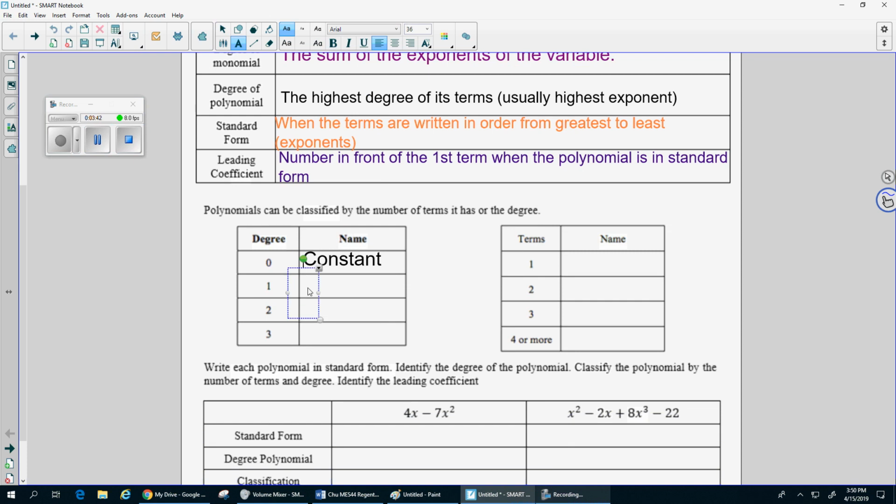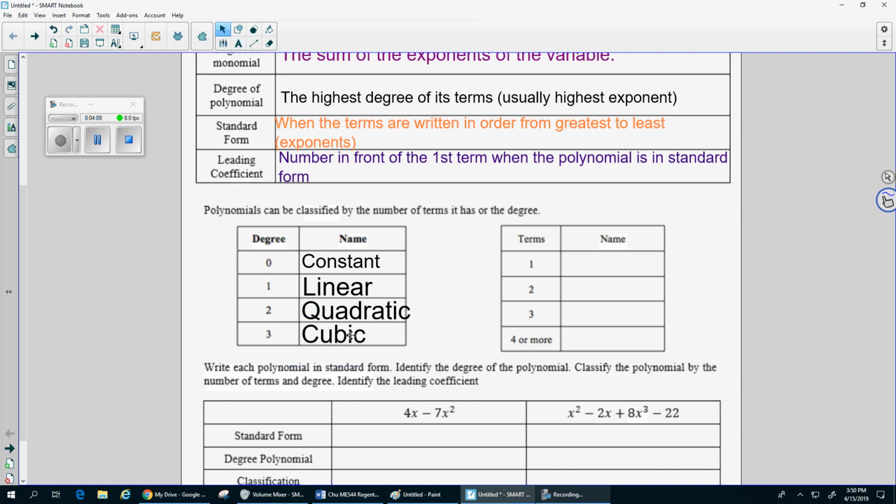If a polynomial has a degree of 1, that is a linear polynomial. Okay, linear, just like when we deal with lines, we have an exponent of 1, it's a linear polynomial. If it has a degree of 2, meaning an exponent of 2, that's going to be a quadratic polynomial. And if it has a degree of 3 or a highest exponent of 3, that's going to be a cubic polynomial.